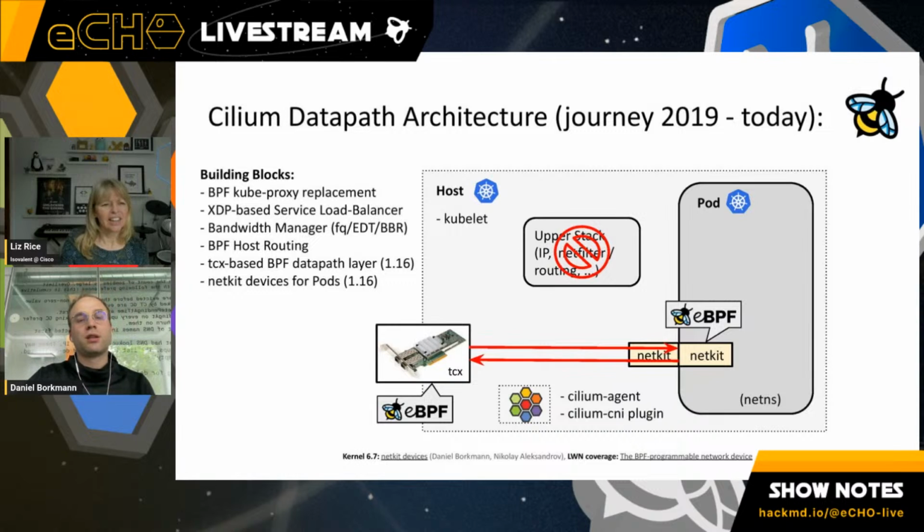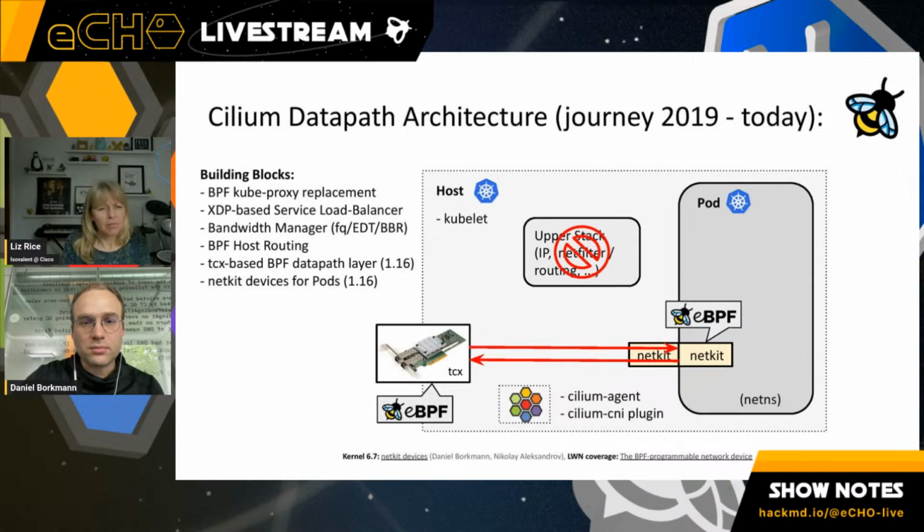This one, yeah. So that's basically an overview of the architecture and all the building blocks that we built over the years. What you can see here is the host itself, a Kubernetes worker node, and then there's the pod.